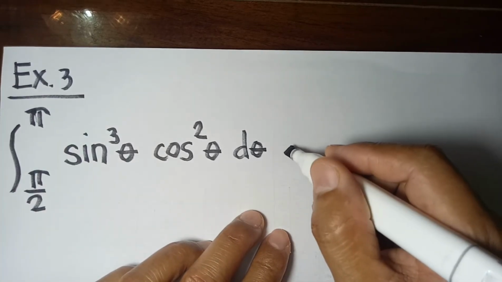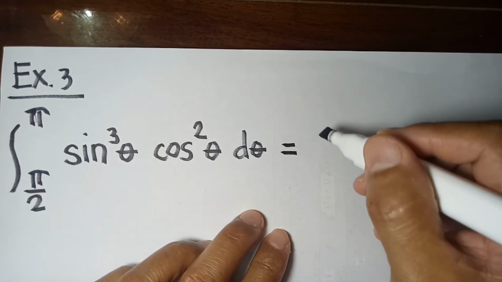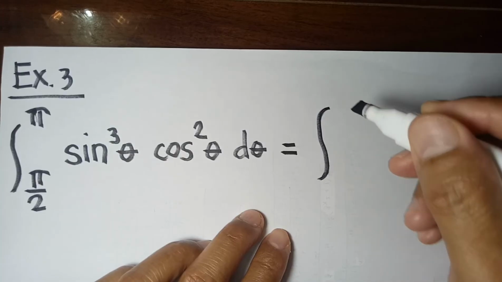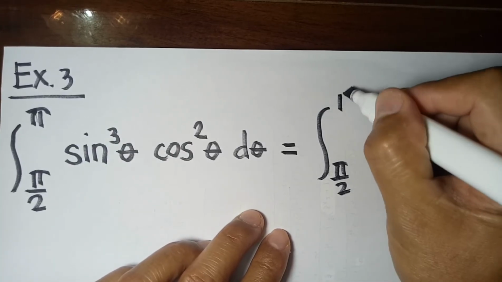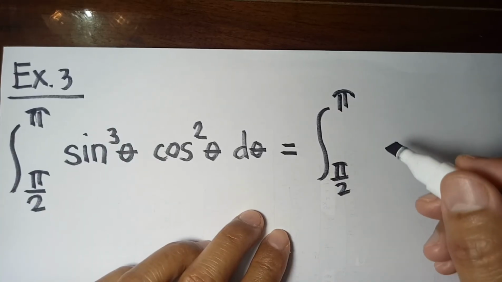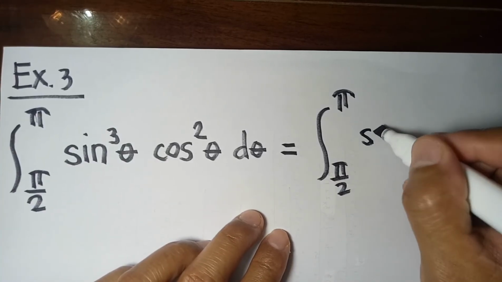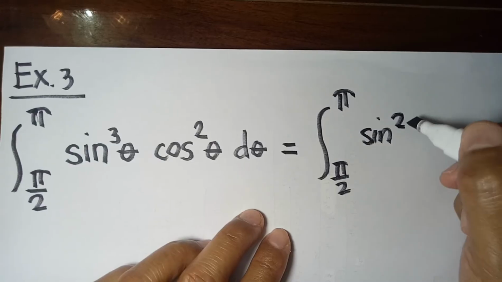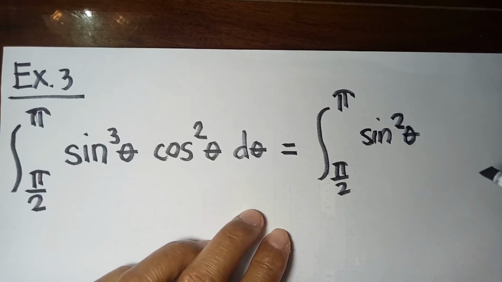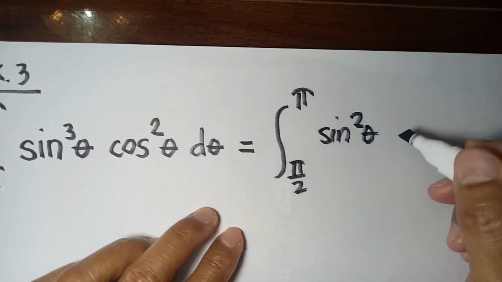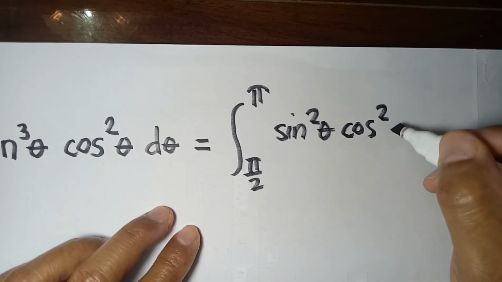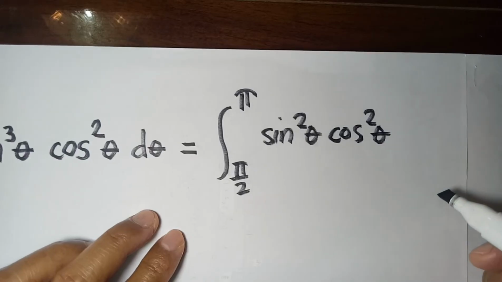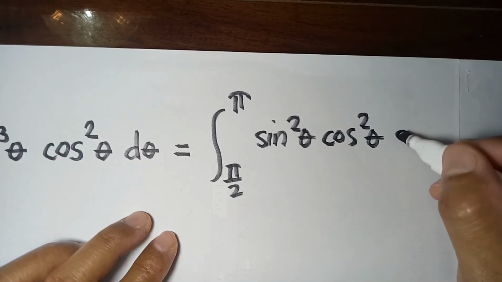So, equal din ito sa integral from pi over 2 to pi of sine squared of theta and then cosine squared of theta and then times sine theta d theta.